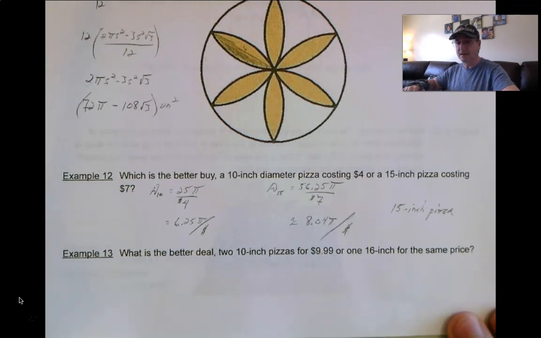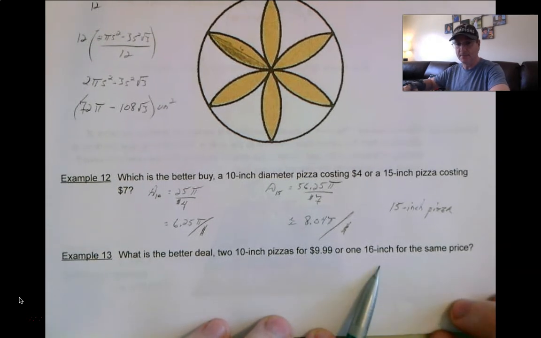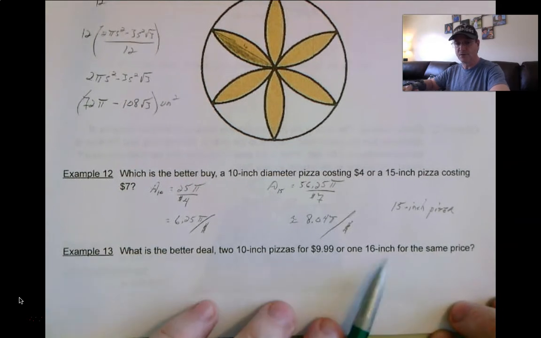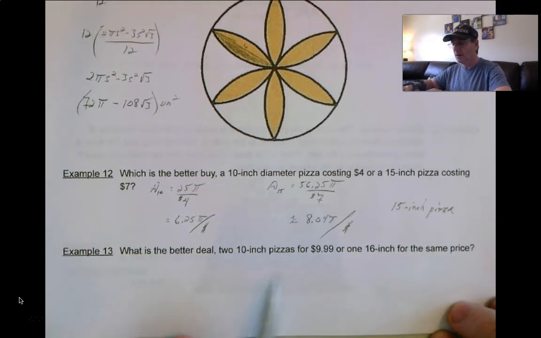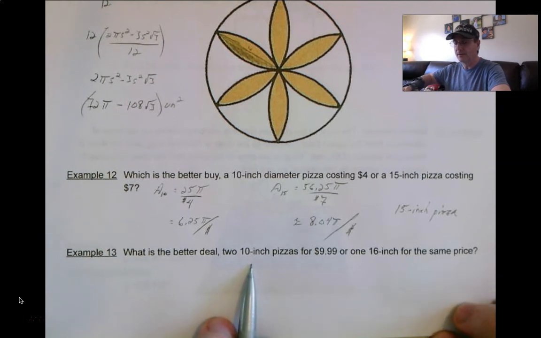Since the price for the two deals is the same, it comes down to which gives you more pizza. And they did this on purpose because people think that they're getting 20 inches of pizza here and 16 inches of pizza here, so this must be the better deal. They didn't do the actual math.